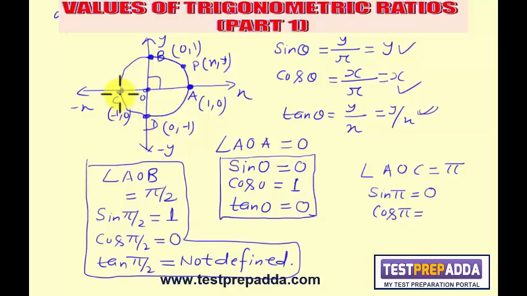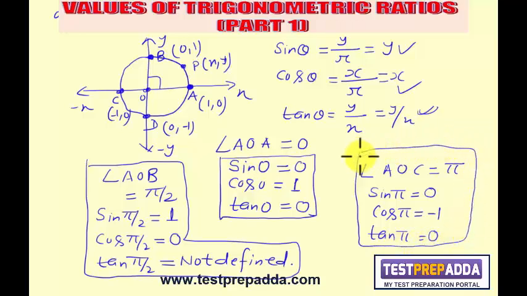What is the x coordinate here? -1. So cos pi will be -1. Tan pi. Since it is y by x and the y coordinate is 0, the value will become 0. So here we got sine pi, cos pi and tan pi.